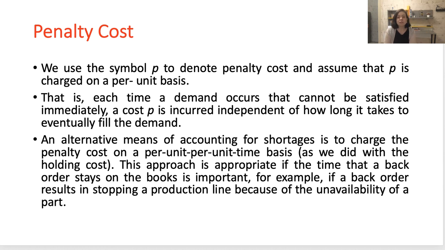For example, if a backorder results in stopping a production line because of the unavailability of a part, in that case, the duration, I mean the time that passes until the demand is supplied, is important. So in that case, the penalty cost may depend on time.